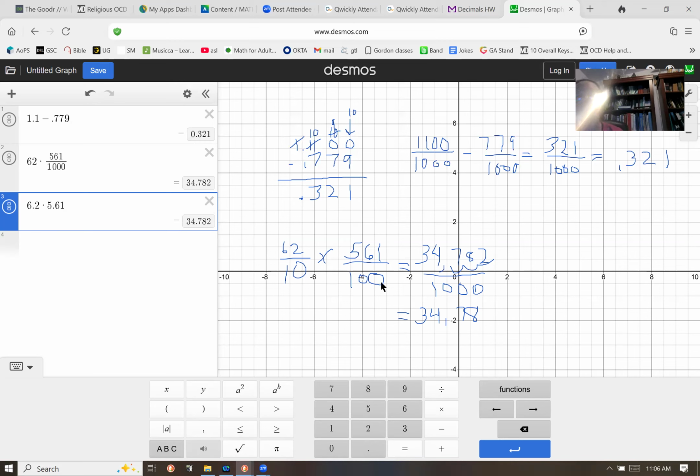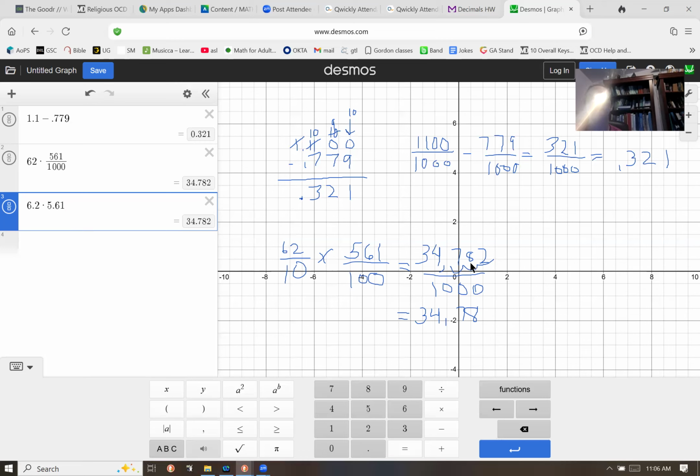So what we did here shows you the reasoning behind that shortcut. The reason you can just multiply the whole numbers and ignore the decimals is you're putting the whole numbers over the place value, whatever power of 10 is appropriate. So that's multiplying the whole numbers. And then you divide by the product of those powers of 10. However many zeros you have, that's representing how many place values you have here.